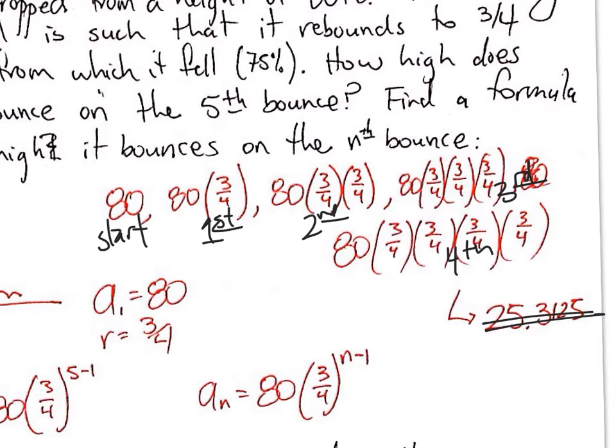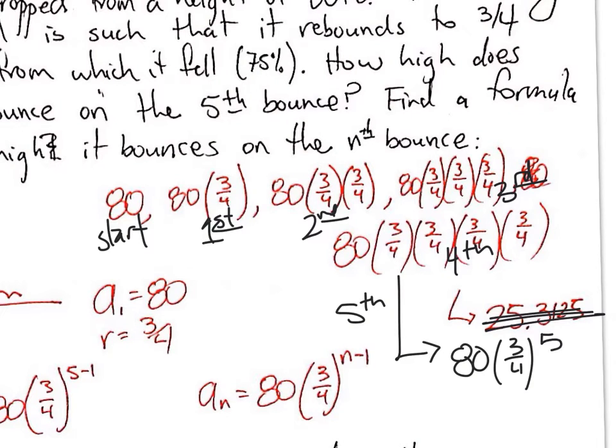So that's not the actual height. The fifth bounce would be 80 times this 3/4 to the fifth. So for the first bounce, we have 3/4 to the first, second bounce 3/4 to the second, third bounce 3/4 to the third, etc. And this number is 18.98.